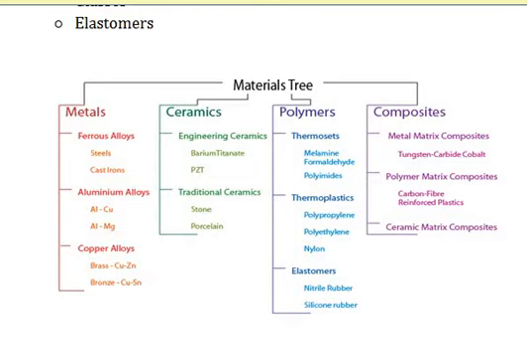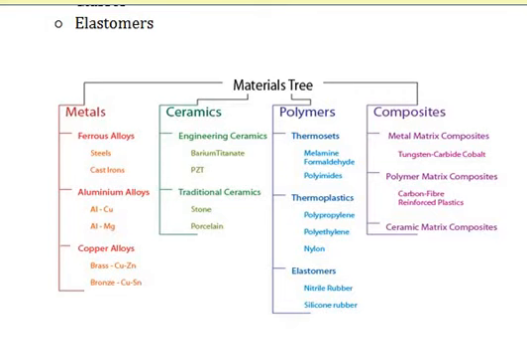Then we also have polymers, and they can be subdivided into thermosets, which do not get easily destroyed, and they are quite strong, and thermoplastics such as polyethylene that are used to produce all these PET bottles that are used in packaging, and then nylon.